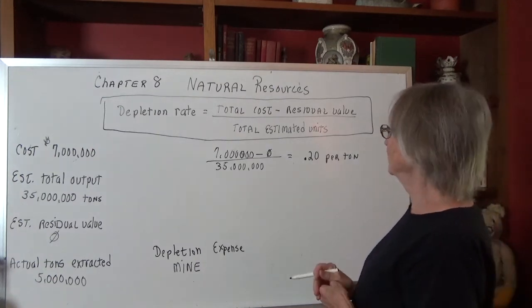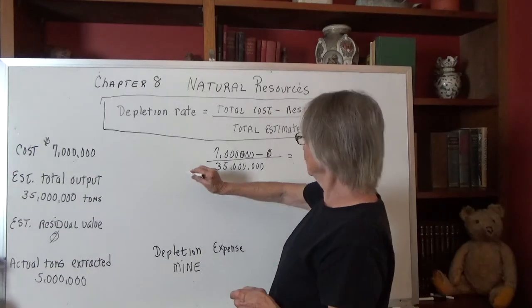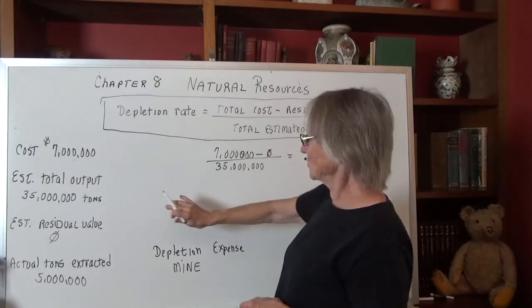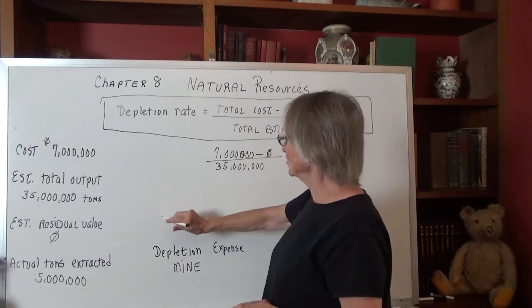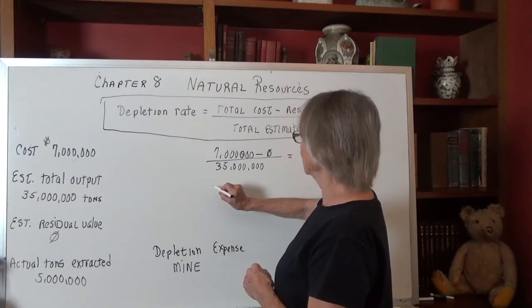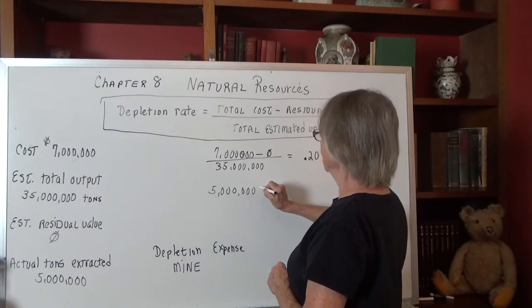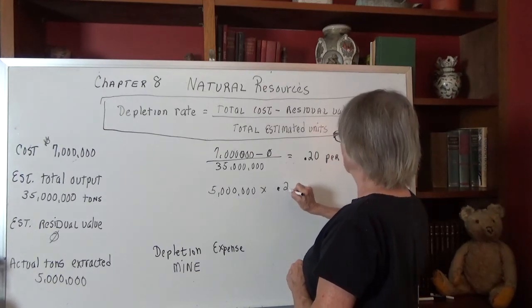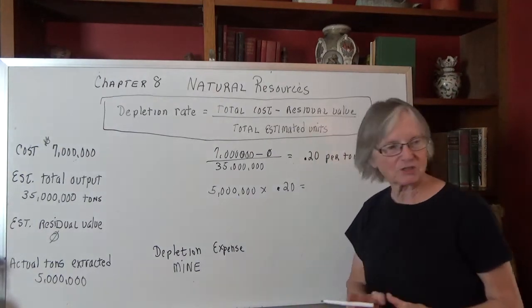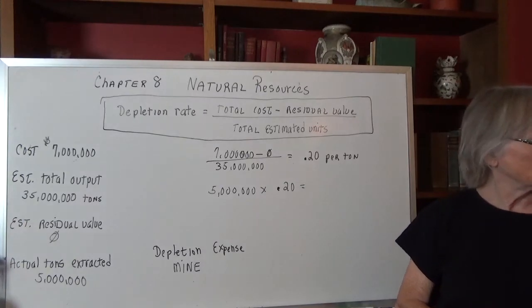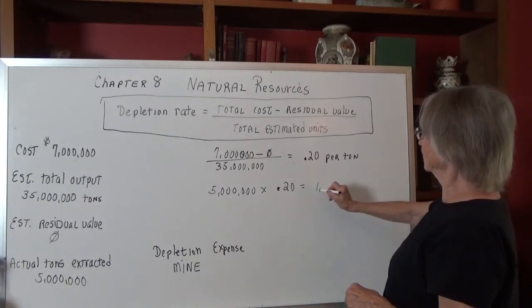So that's not too bad. This is the first step: you get the depletion rate. The second step is you take the actual tons you extracted this year, which is the 5 million, and you simply multiply it times that rate, and that gives you the depletion expense for the year of 1 million.